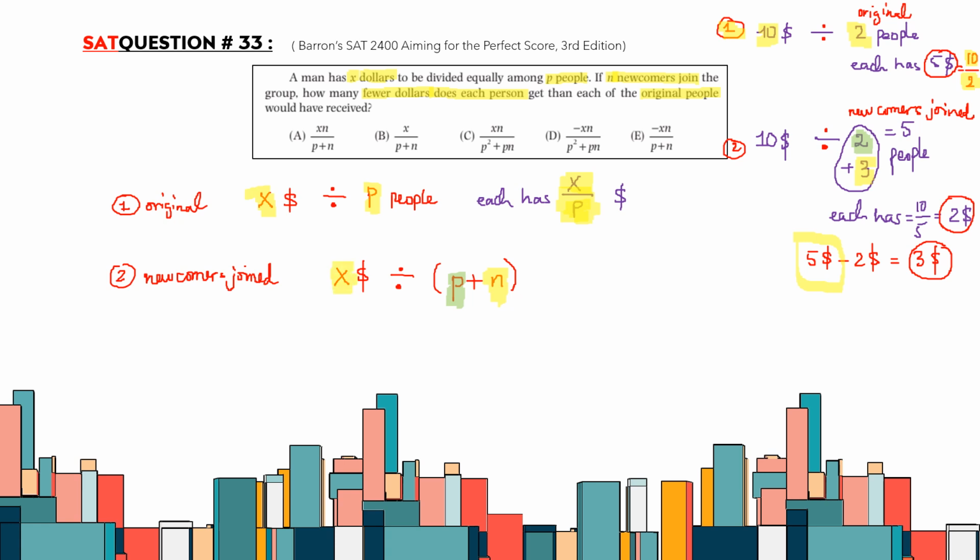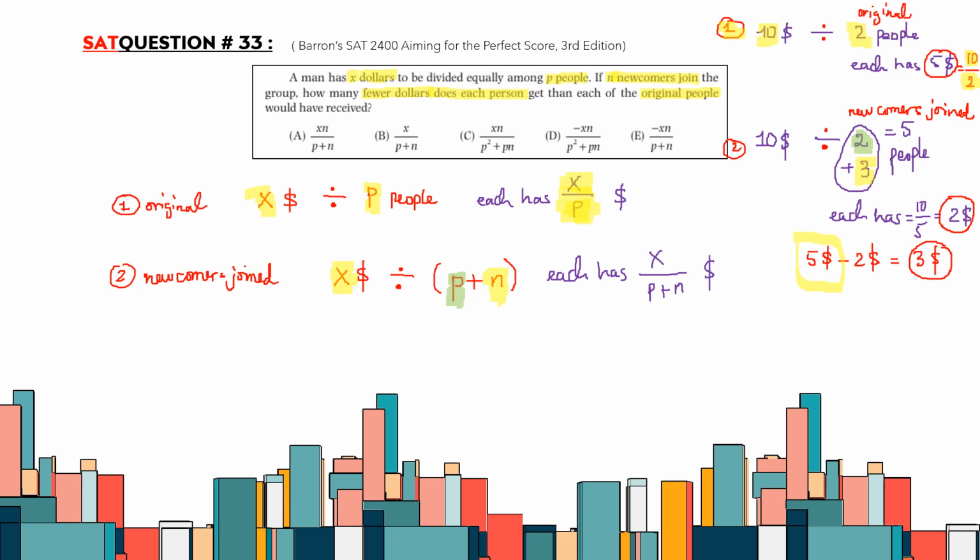The amount of money is the same, X dollars. Now each person will have X dollars divided by P plus N dollars.